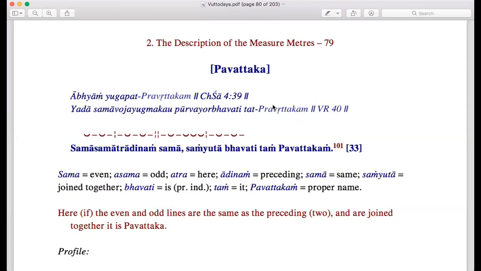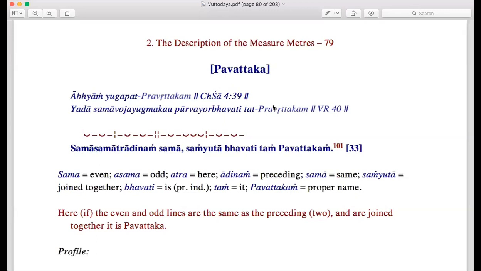So then we have to say that those two previous verses are at the beginning of this verse, before this verse. So we can translate it as preceding also.